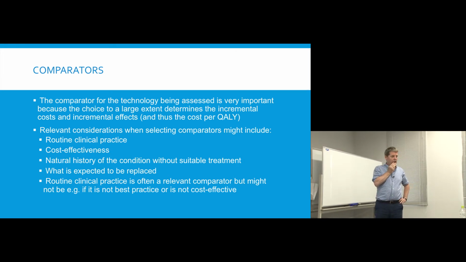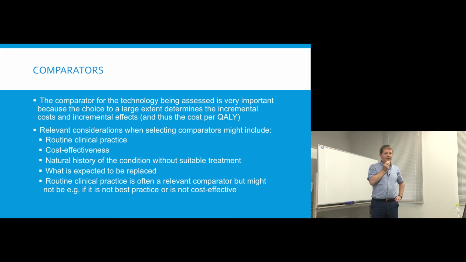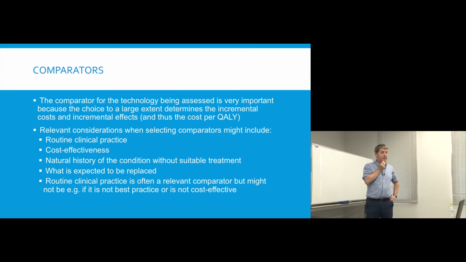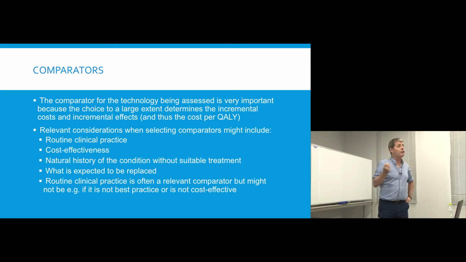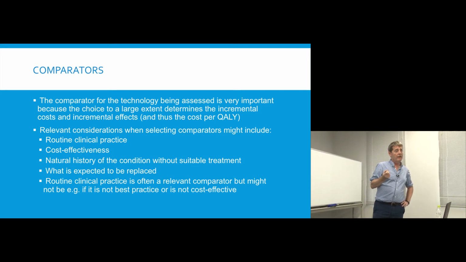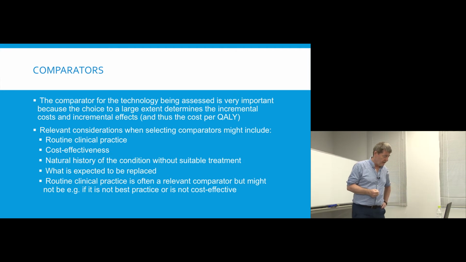An obvious potential comparator might be routine clinical practice. And in many cases, it is the obvious comparator because you've got some new treatment that you're thinking of introducing. And so what to compare it to? Well, let's compare it to what we're currently using or doing for these patients.